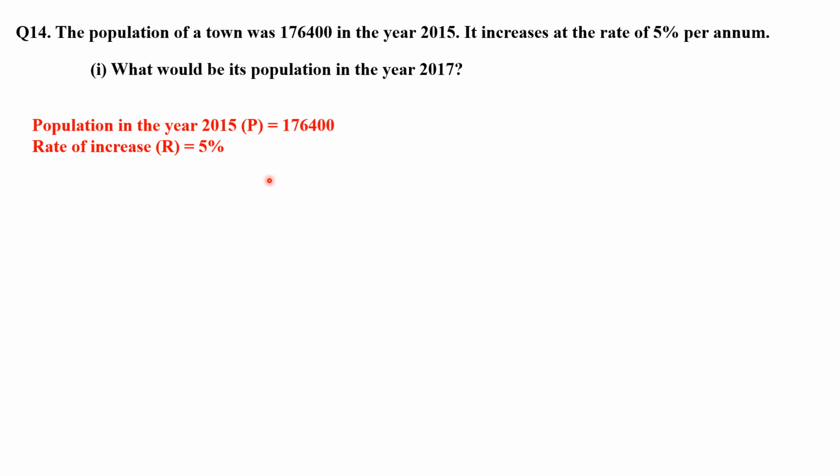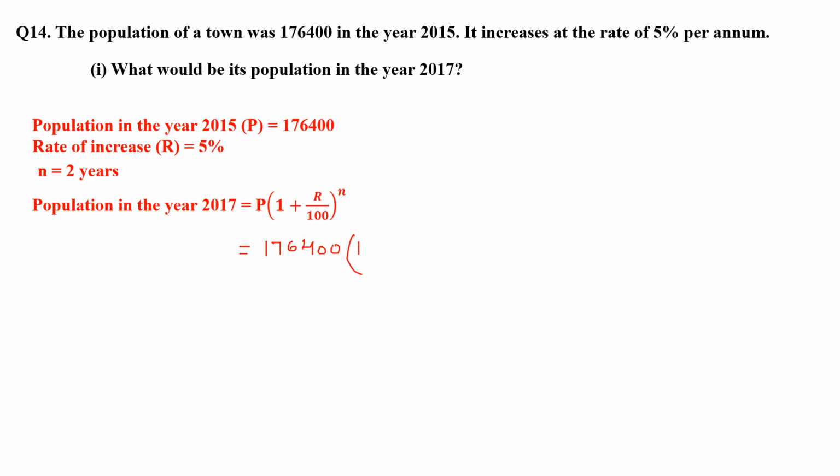So here it is given population in the year 2015, which is the present population, is given as 1,76,400. Rate of increase is 5% and time is 2 years. So the population in the year 2017 will be, this is the formula, P into 1 plus R by 100 whole n, and your P means present population, which is 1,76,400. 1 plus rate is 5%, so 5 by 100, and time is 2 years.